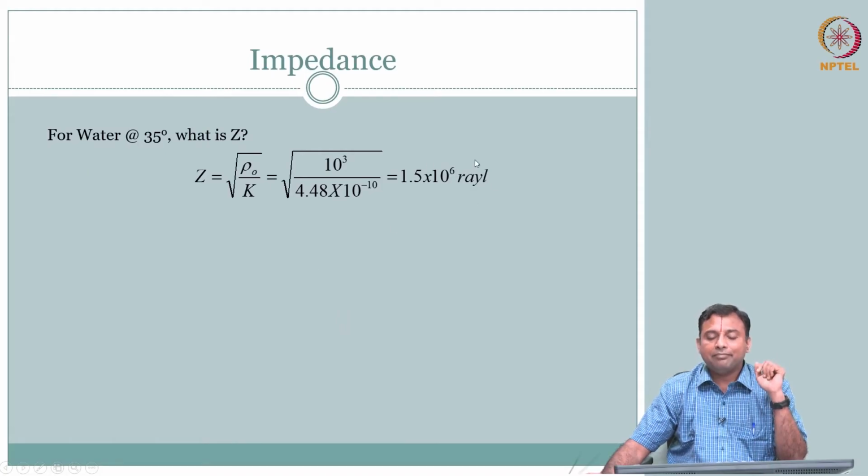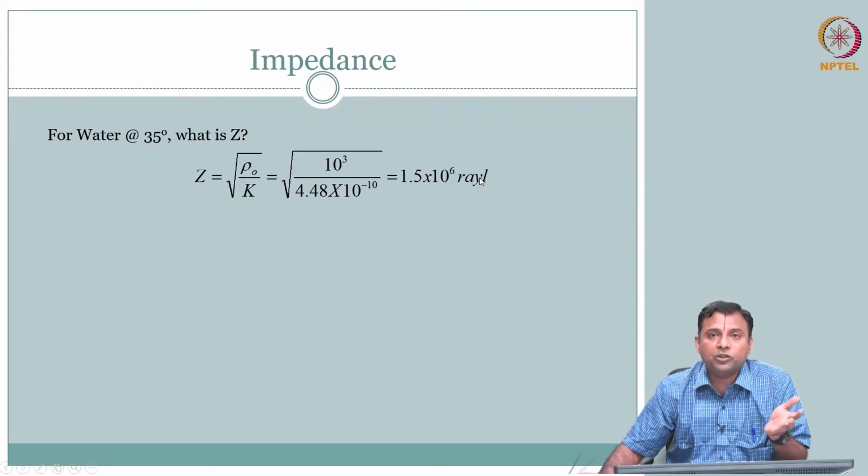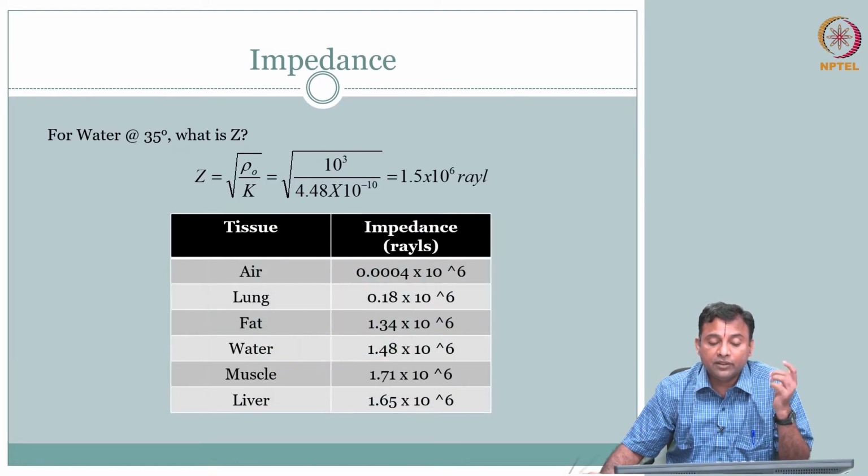By itself, really this does not convey much apart from its factual information. Where it becomes interesting is, if Z for water is this much, what are the typical materials that we are going to encounter in the human body? Fat, muscle, water you already have, bone, all of these different things, air. What are those values?